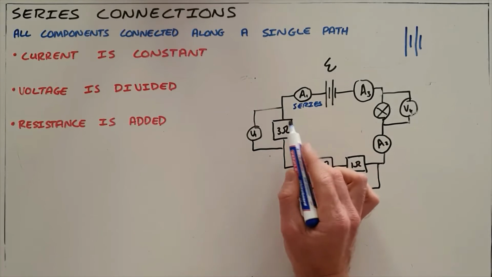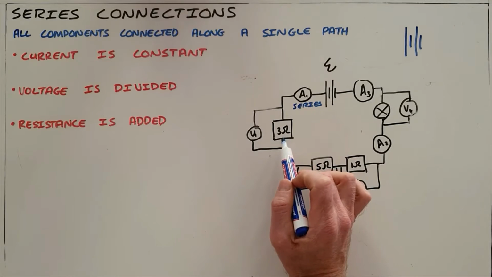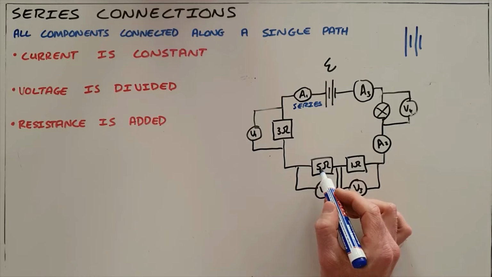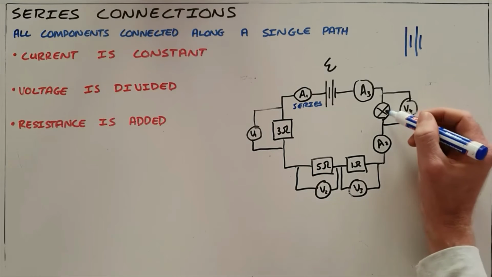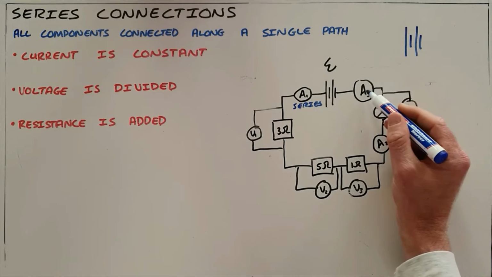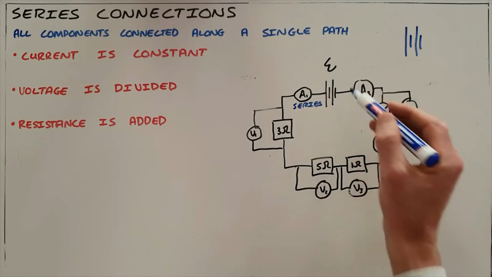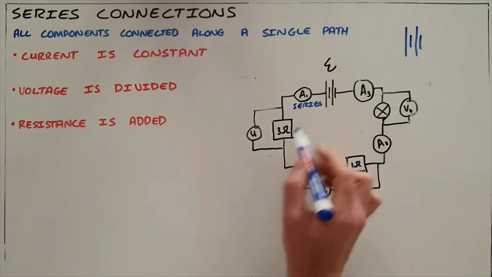It then follows the path along through resistor 1, which is the 3 ohm resistor, followed by the 5 ohm resistor, followed by the 1 ohm resistor, followed by ammeter A2, followed by the light bulb, and then ammeter A3 back into the battery. That is the fixed path that it follows, and there are no variations allowed. The current may not follow another path.